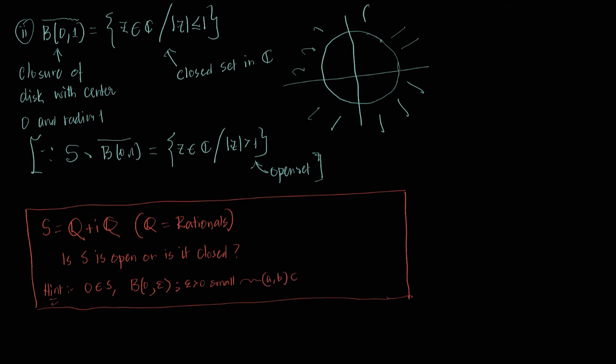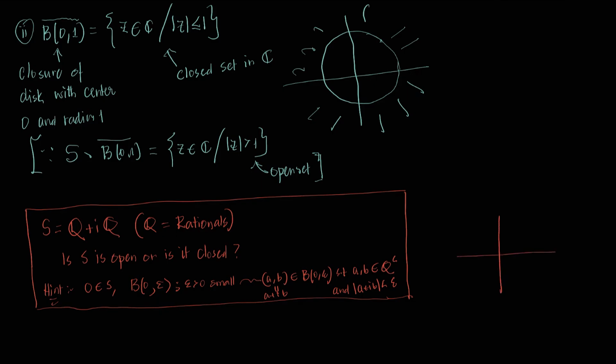This will always be contained in B(0, epsilon), such that a and b are irrational and mod of a plus ib is strictly less than epsilon. You can always do that.